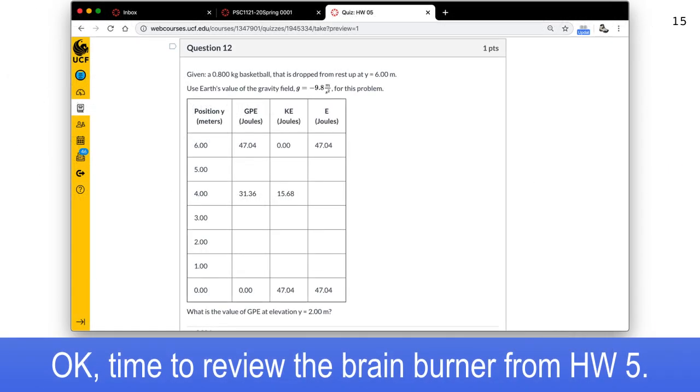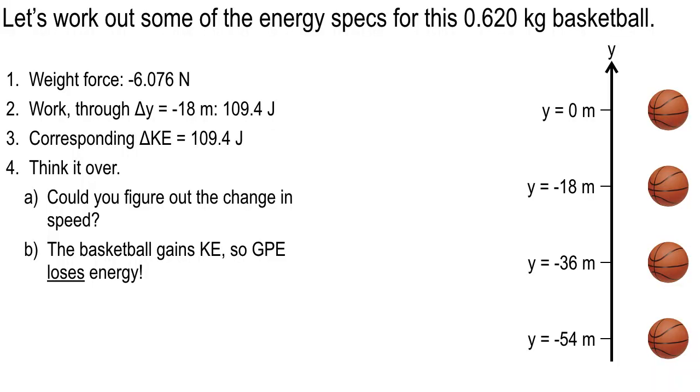The basketball gains kinetic energy, so it loses GPE. Whatever the kinetic energy gains, 109.4, the GPE loses. So delta GPE is negative 109.4. And they always add up to the same number, the total mechanical energy.